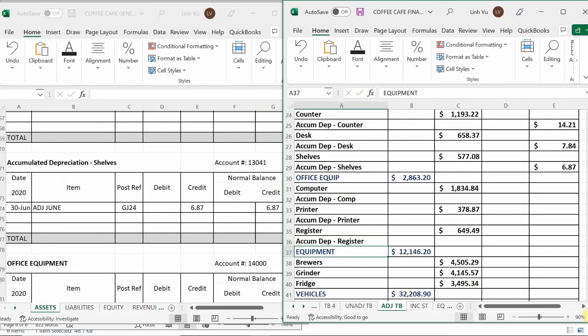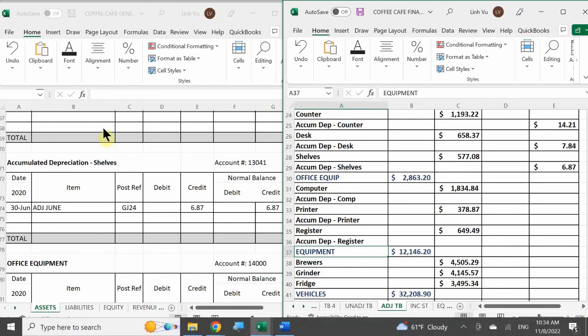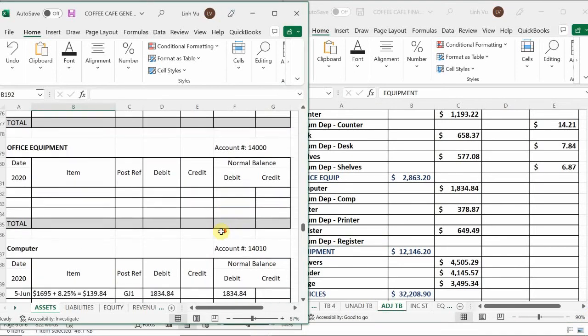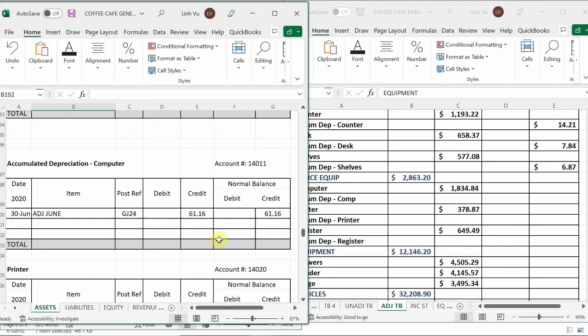So, again, what was the accumulated depreciation on my computer?